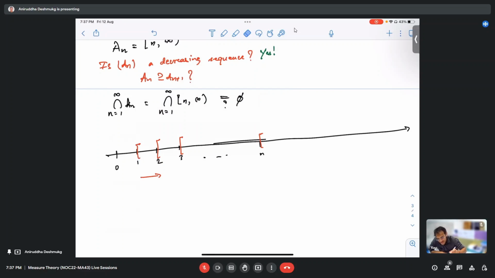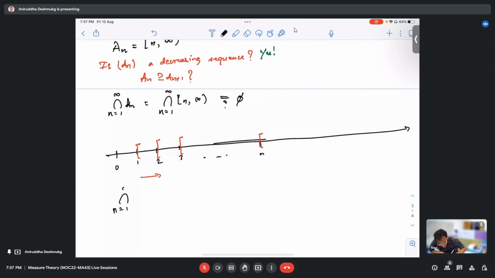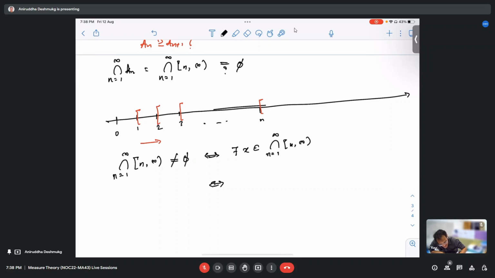So when will we say that this intersection is non-empty? The intersection over n equal to 1 to infinity of [n, infinity) is non-empty. This is the same as saying there is some real number inside this intersection, right? If this happens, there is a real number x such that for every n, x is bigger than or equal to n. You agree that this is true.